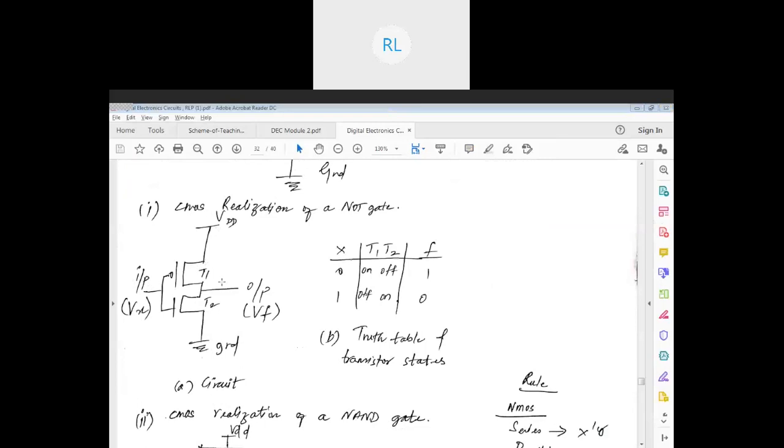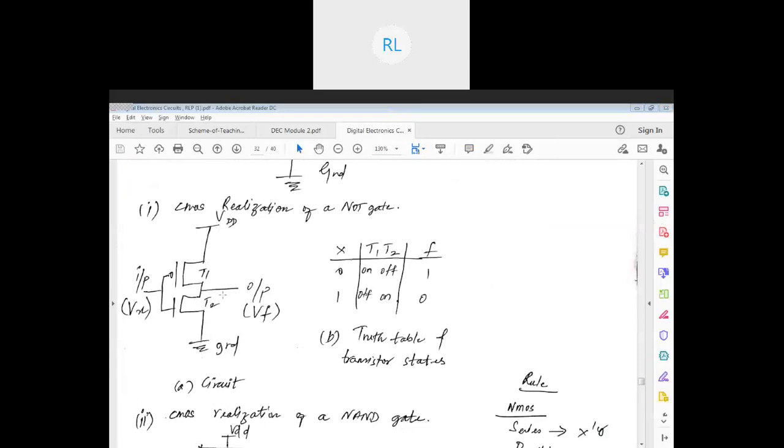Working I had explained in the last class, but anyway, I will repeat it again. So whenever there is a zero here, low value, T1 will turn on, VDD is connected, so the capacitor charges. So if it is charged, the output is 1. That is what I'm looking here.